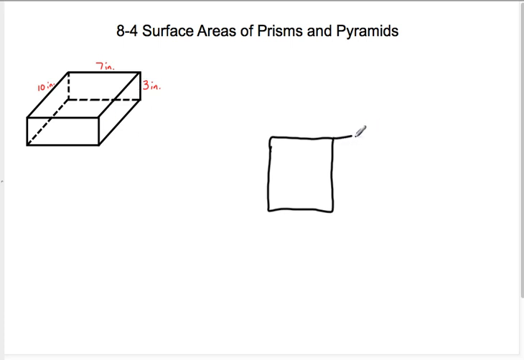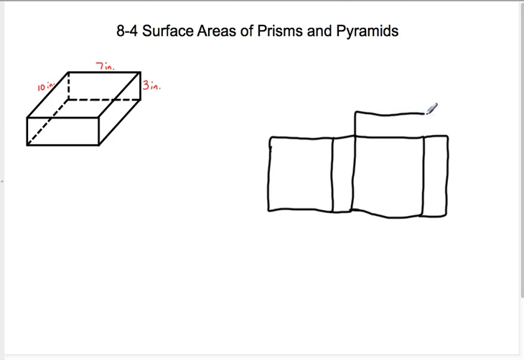And then we have another big rectangle, which is the top. It should be about the same size as the big one. And then we have that left side there. So now we have the bottom, the side, the top, and the other side. And then these little flaps on the top and bottom might look something like this on the net.